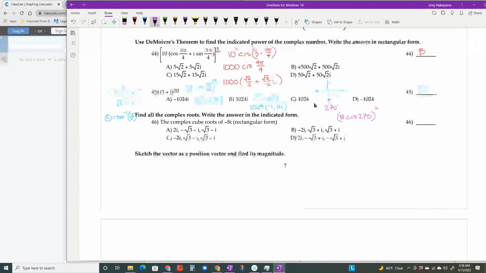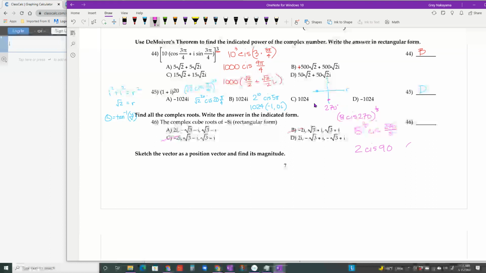Well, 8 to the 1/3 is 2. So this is 8 to the 1/3 cis 270 times 1/3, which is 270 over 3. So that's 2 cis 90. And 2 cis 90 is 2i, because 90 has coordinates of 0, 1.